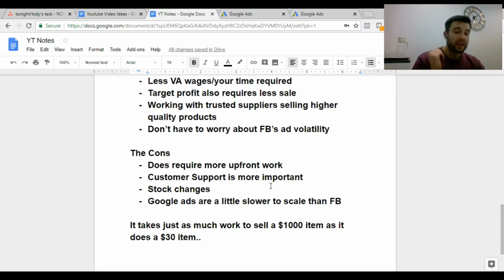Okay, now in regards to the advertising end, where I'm talking about the slower scaling side of things, again, because you are selling high-ticket items, scaling isn't too important. You can still hit 6 figures a month, $1 million a year in revenue, and you don't have to be doing thousands of orders.